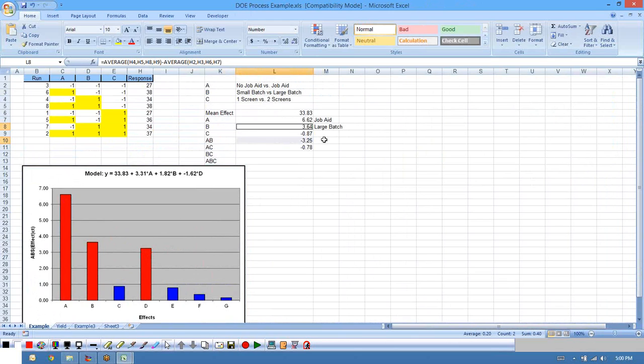So I might want to come back and really look at my process. Is maybe the large batch is not the thing that I want to use, or maybe I have to create another job aid specifically for the large batch, or whatever. Okay? But basically that helps you isolate all of the effects and the interactions with them.